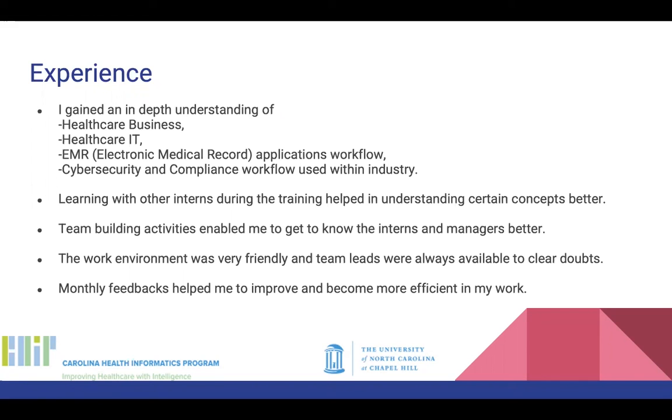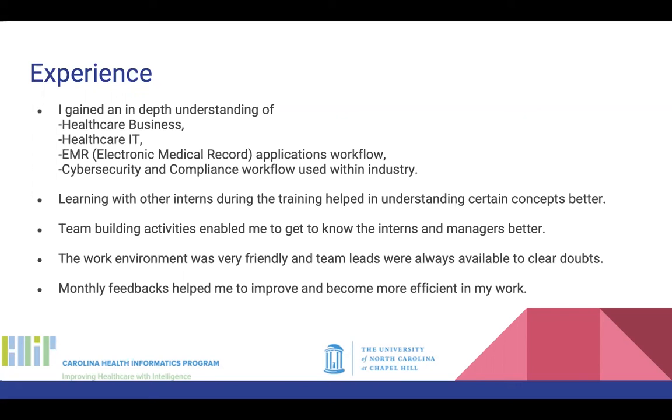There were almost 30 interns training with me. Learning with them in person, right after COVID, was very beneficial in getting to know everybody and understanding other concepts better.